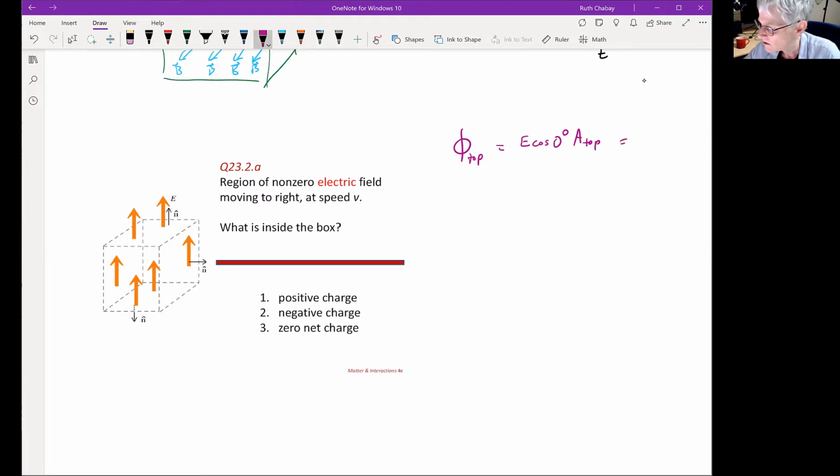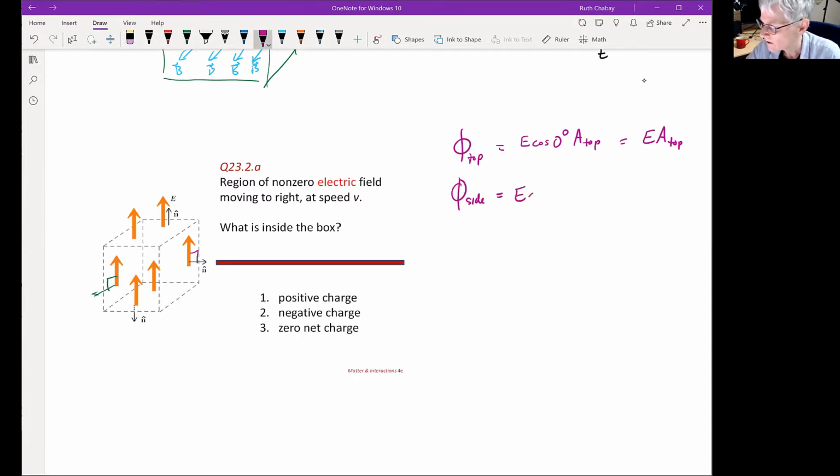And so that's just E times the area of the top. The flux on the side, well, any side, you see that the angle between E and n hat is going to be 90 degrees.